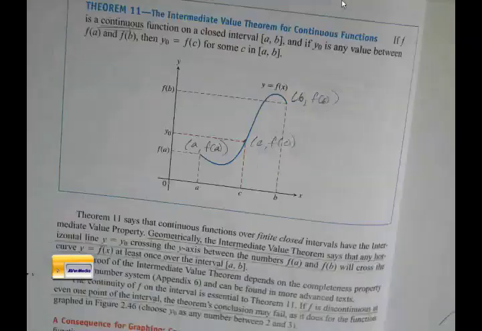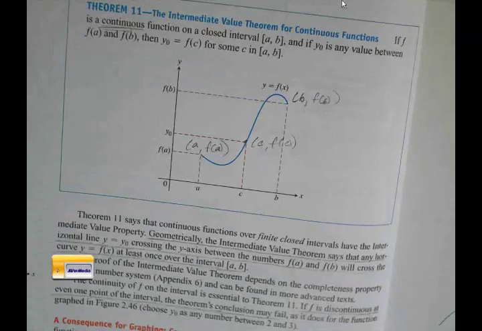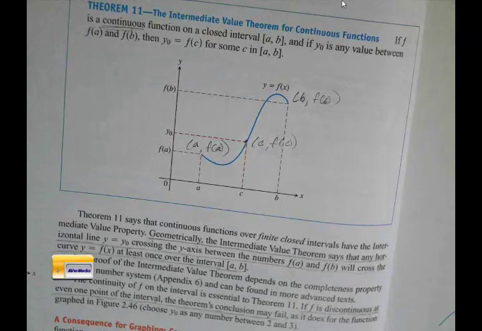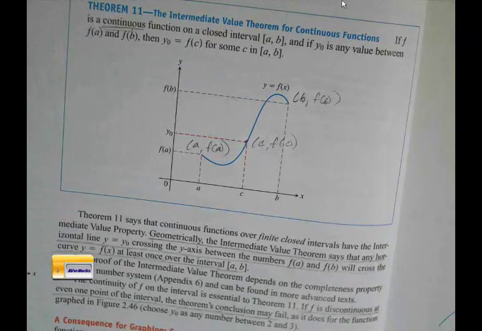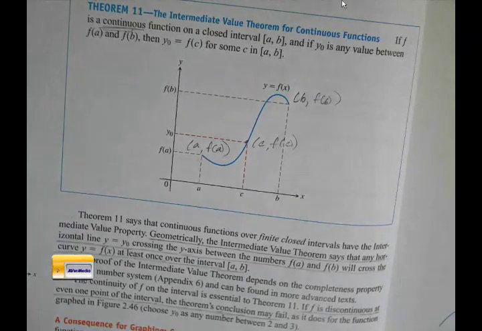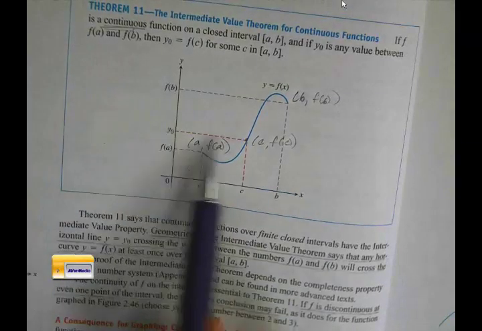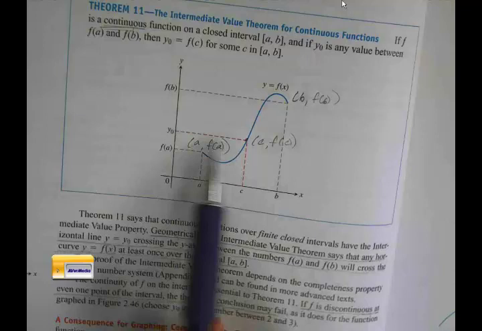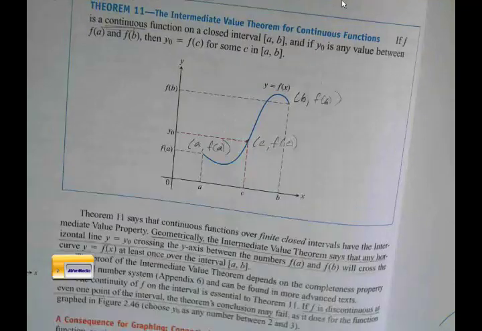Geometrically, the intermediate value theorem says, now this is a little harder to understand in my opinion, that any horizontal line at a height y sub 0, instead of saying f of c, crossing the y-axis between the numbers f of a and f of b will cross the curve at least once.